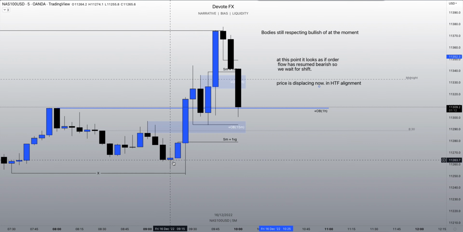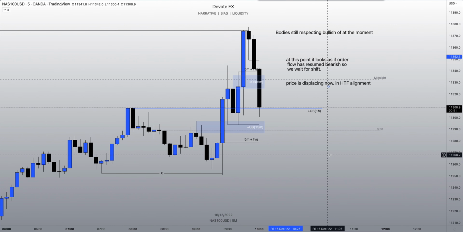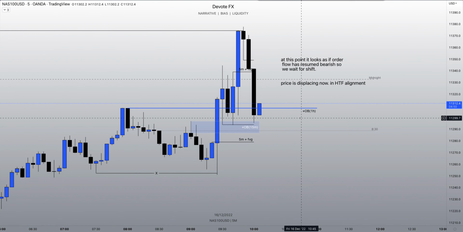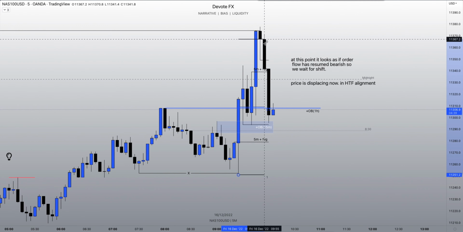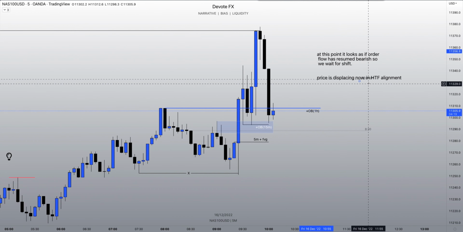On this time frame, like I said, we have the 15-minute order block annotated, and like I said, lower time frame order flow is subordinate of higher time frame order flow. So I'll be looking for the next candle closure to be closing below that 15-minute order block.